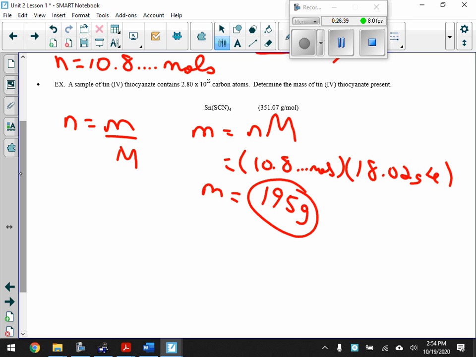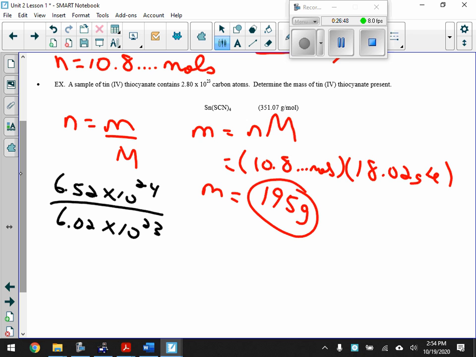I'm just going to write something down here real quick and then I'll be done. Look, that's how we get the moles, yes? Correct? It's that number divided by that number. It has to make sense.